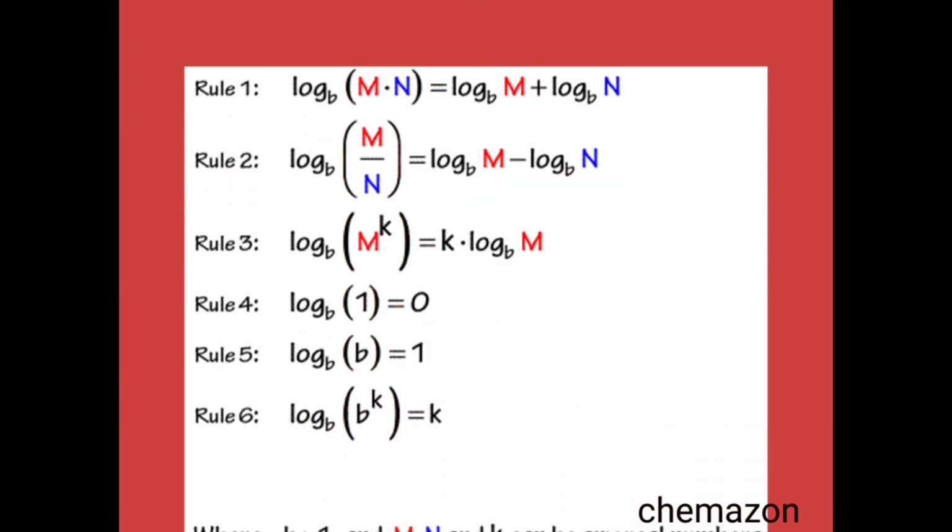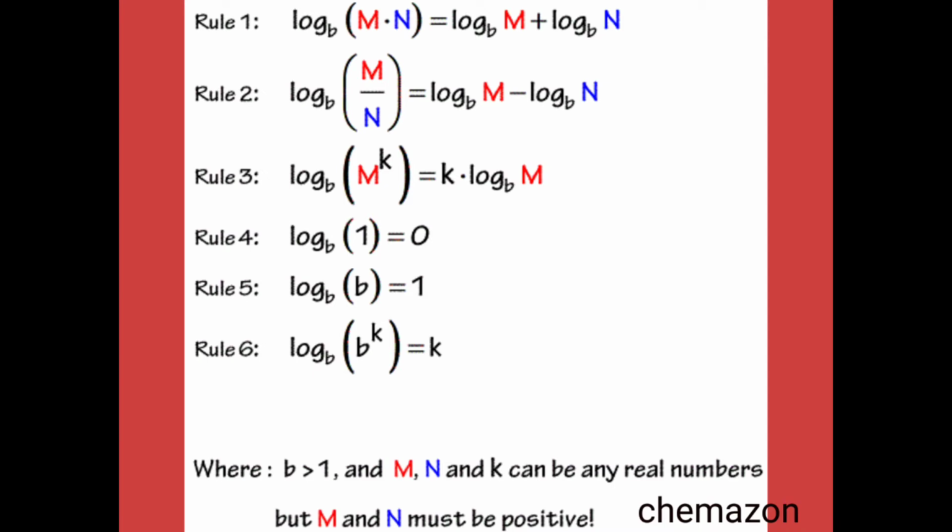Now let us understand some of the basic rules of the logarithm. Log of m into n to the base b can be written as log m to the base b plus log n to the base b. This is called the product rule, that is multiplication is equivalent to plus.